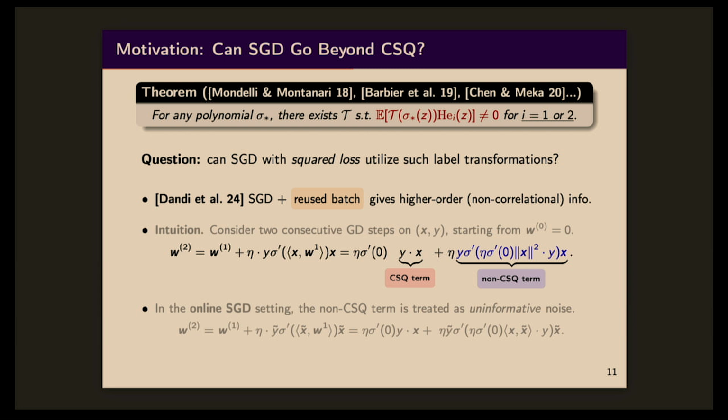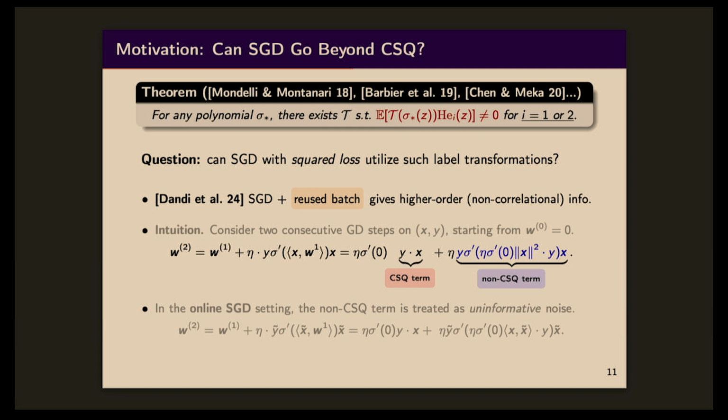Because you're using the same data, there will be two terms in the gradient. The first term is going to look like a correlational query, so it's x times y. But there's also going to be a second term that does not look like a correlation term, because here this y is inside of some nonlinear activation function sigma. So this term is not CSQ.